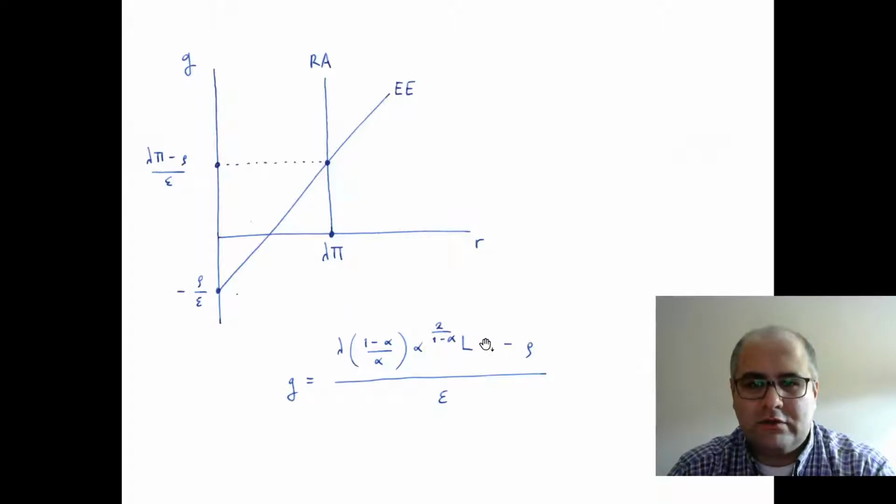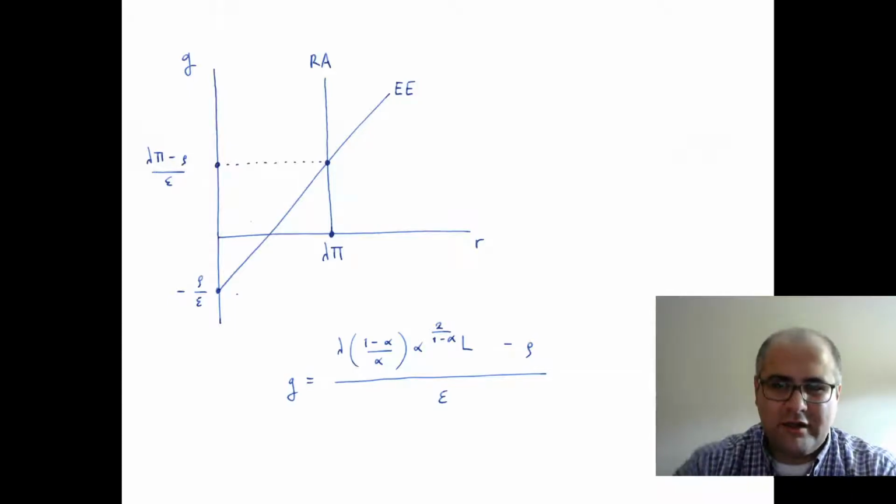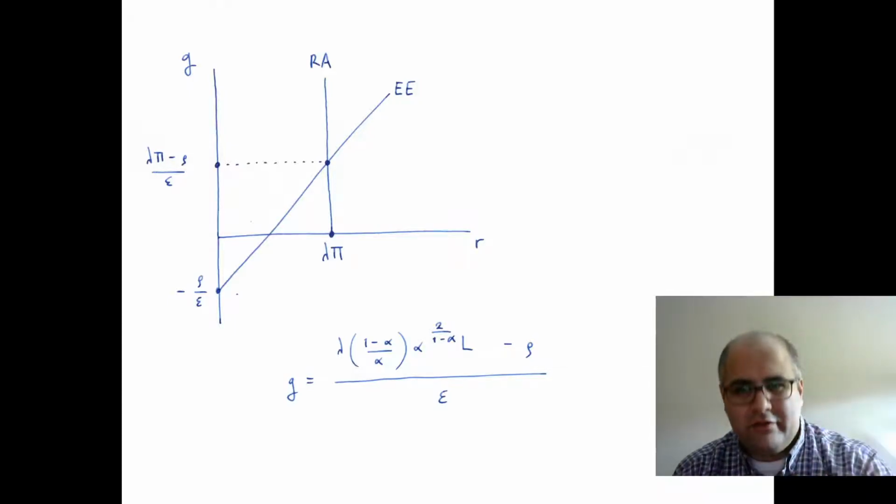So what do we learn from this? Remember the wealth accumulation model that we studied earlier. There is this budget constraint, and households take R as given, and they determine how much to consume and how much to save.